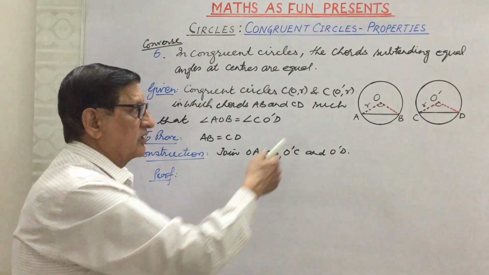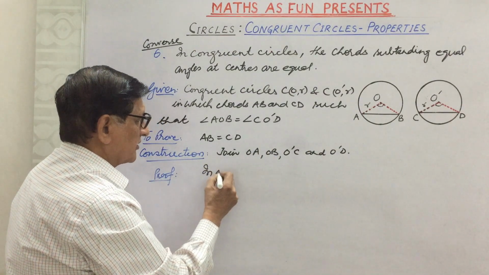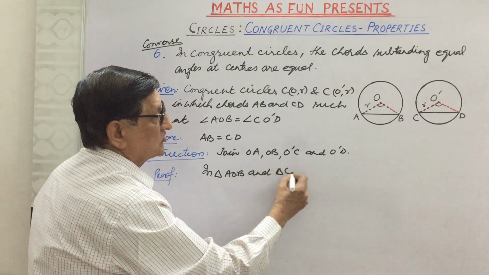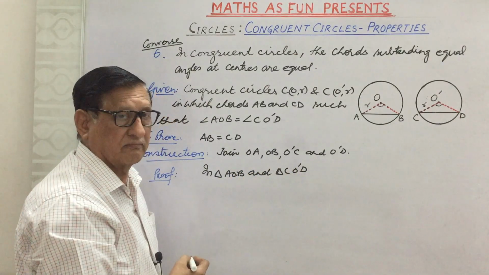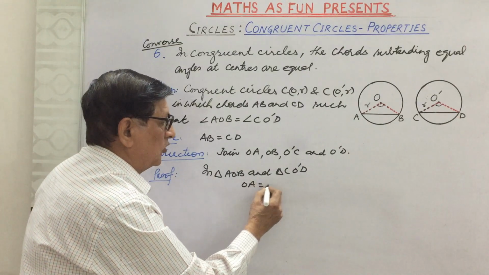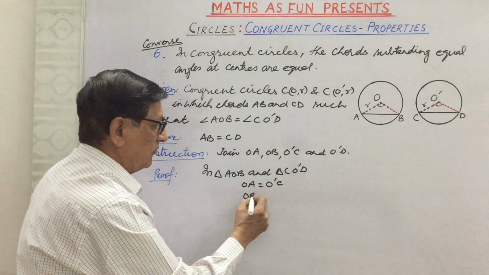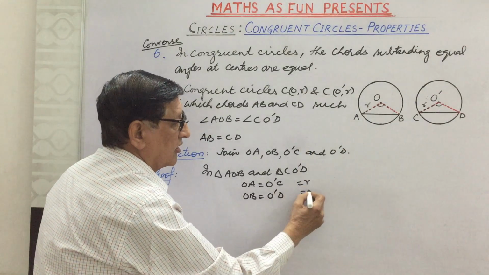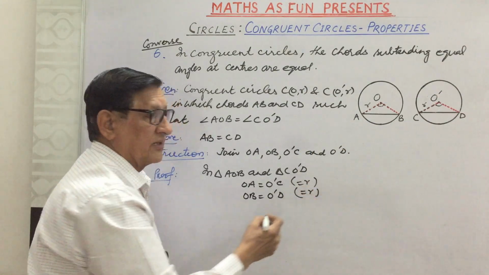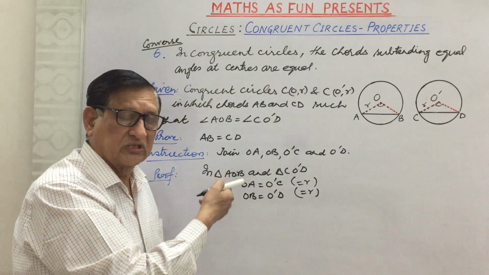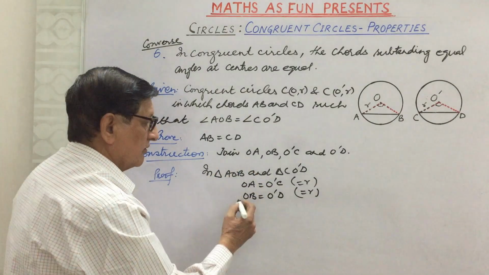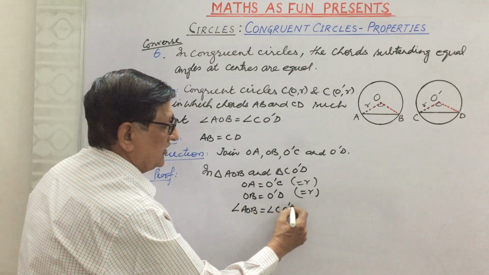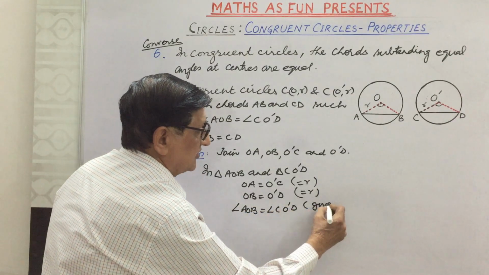For the proof we take these two triangles. In triangle AOB and triangle CO dash D, OA is equal to O dash C, OB is equal to O dash D because all are R, that is the radius of congruent circles. And angle AOB is equal to angle CO dash D. This is given to us.